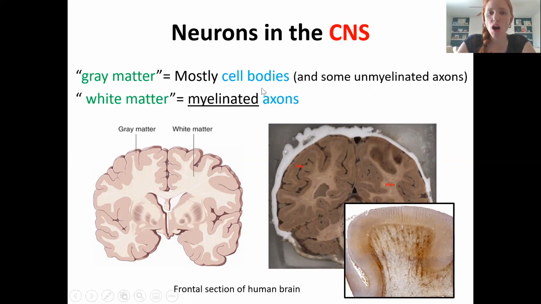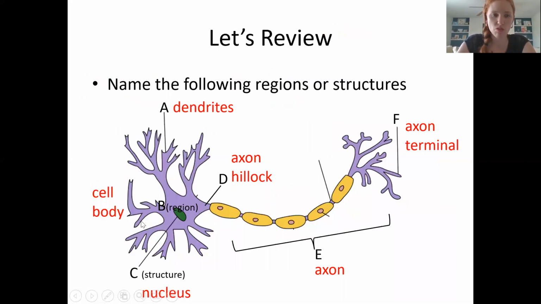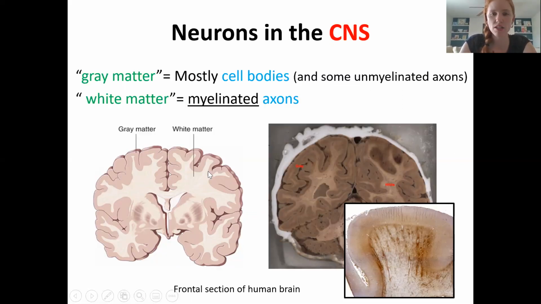Now the cell bodies, which would be this region right here, and the dendrites are going to be located in the gray matter because that is where you see cell-to-cell connections, so one cell connecting with another neuron. Whereas the white matter, the reason that it is white is because it is myelinated, and we're going to talk about what that means later.